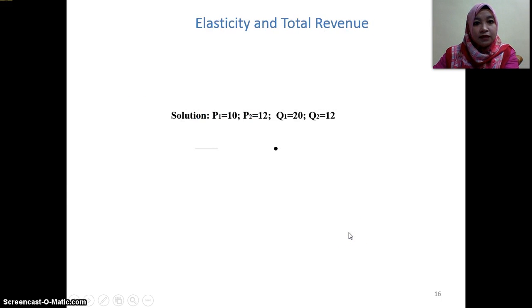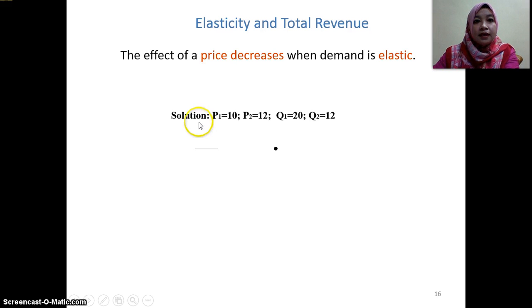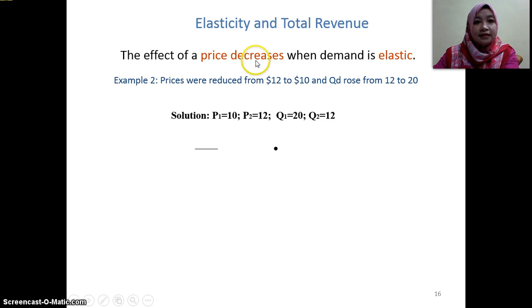And how about the second example? The effects of a price decrease when the demand is elastic. Price is reduced from 12 to 10 and quantity rose from 12 to 20. Yes, the old price is 12, the new price is 10. The old Q is 12, the new Q is 20. Your EP answer is?